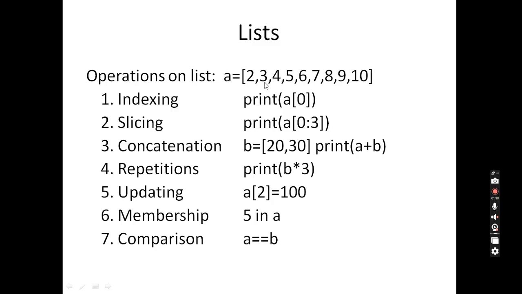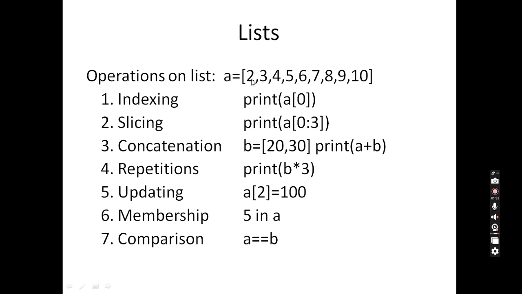I have given some examples for list. Here only the digit data type is given. A is the list name, and I have elements 2, 3, 4, 5, 6, 7, 8, 9 and 10. It is enclosed in a square bracket, and each element is separated by a comma. The index value starts from 0.